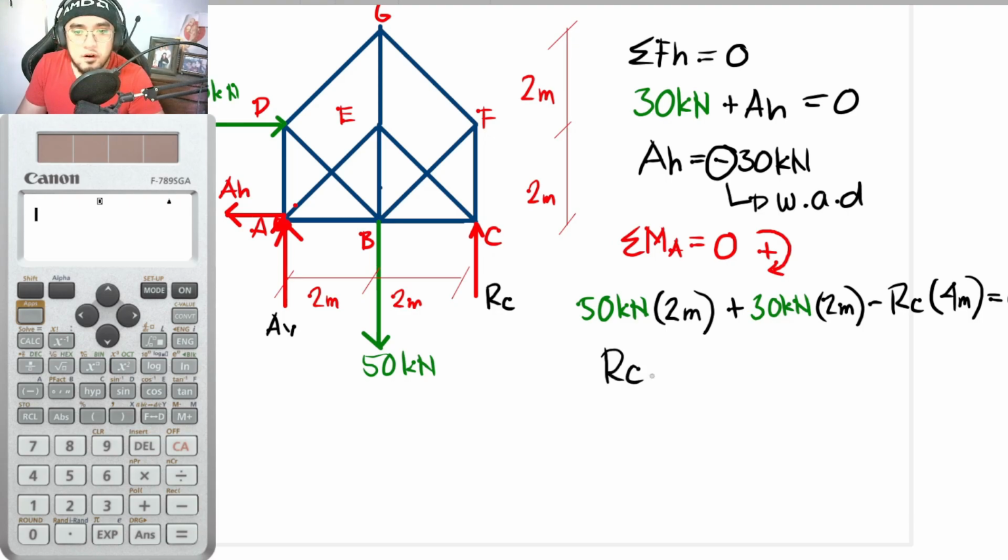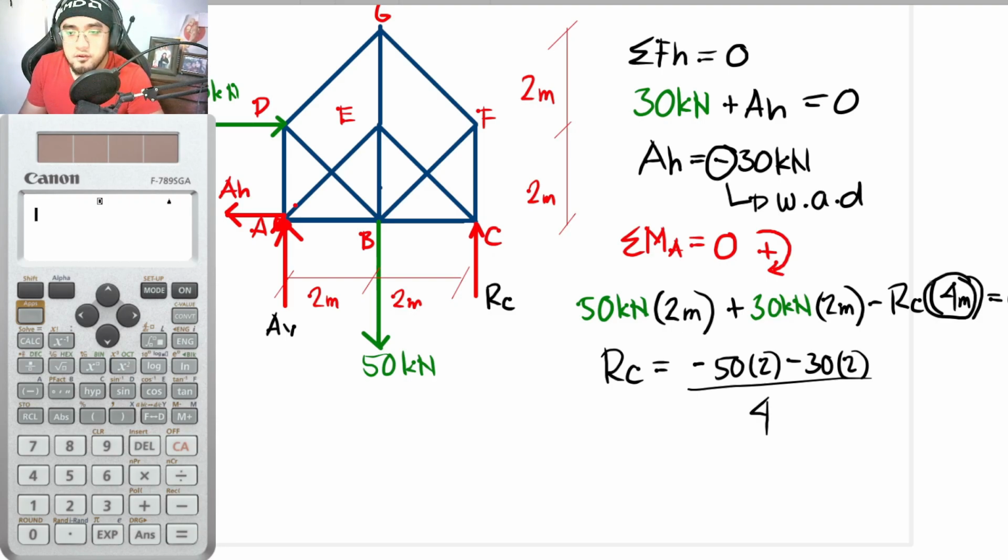So solving for RC, I will now transpose this to the other side. So this is now equal to negative 50 times 2 minus 30 times 2. And since we have 4 meters here, so divided by 4 meters, but I'm sorry. Since we have a negative value here and 4, this should be divided by negative 4.